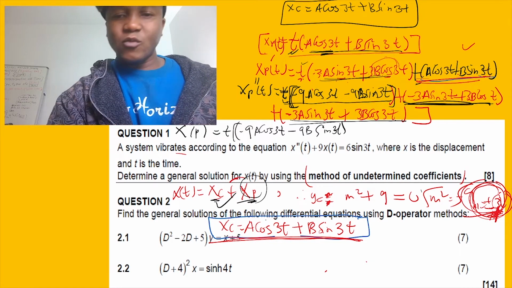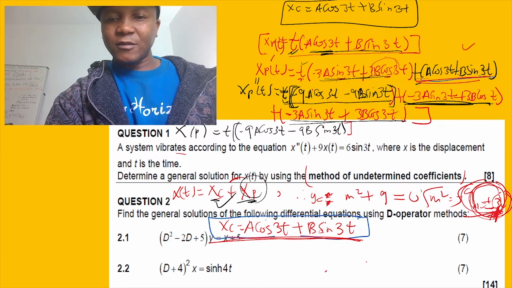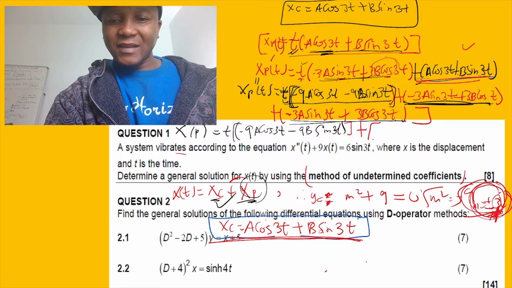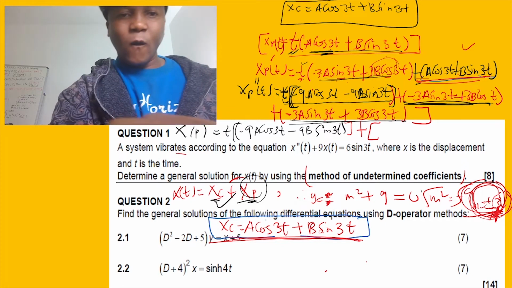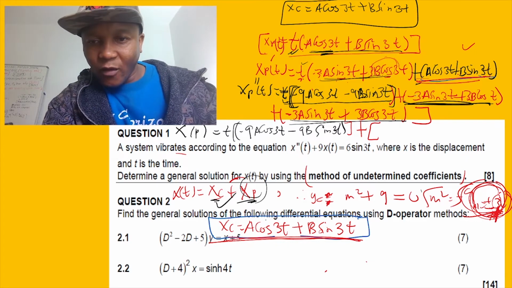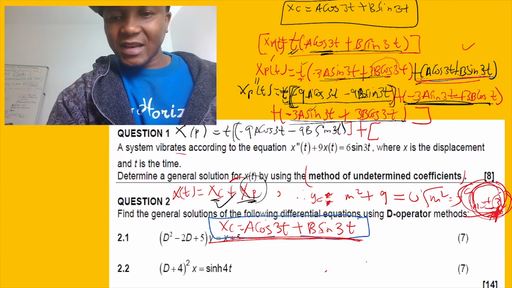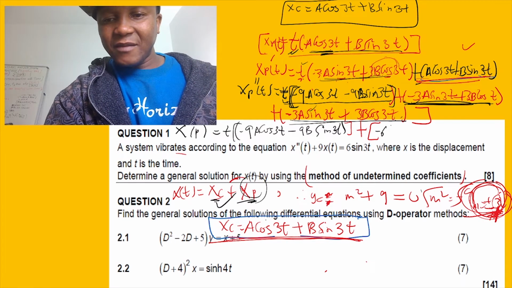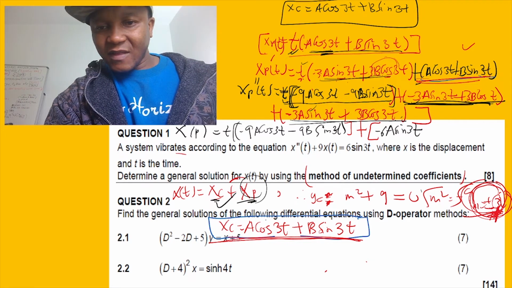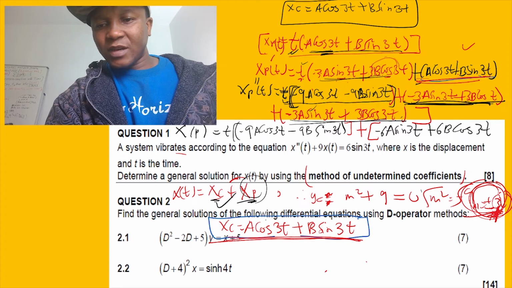And then after that, this one alone, and now we plus, we go for this and that. So negative 3 sine is going to be negative 6 sine, negative 6a sine 3t. This and that is going to give us plus 6b cos 3t.